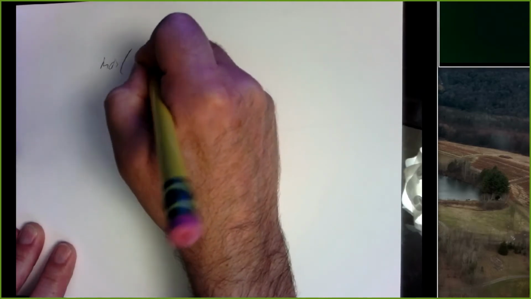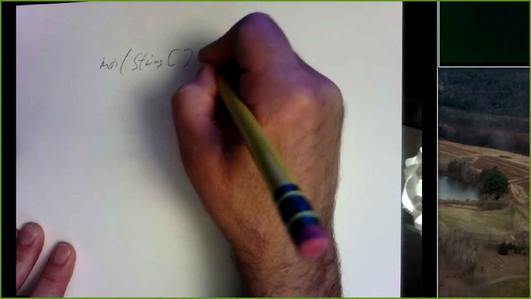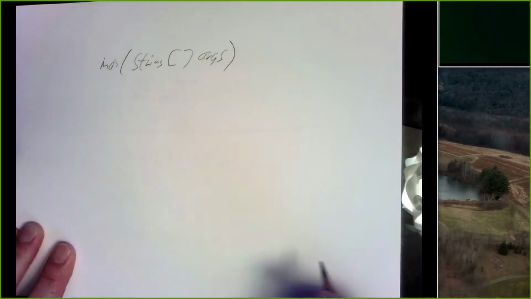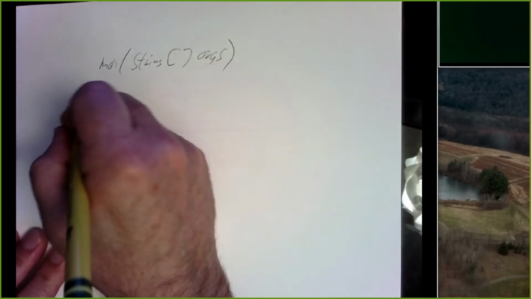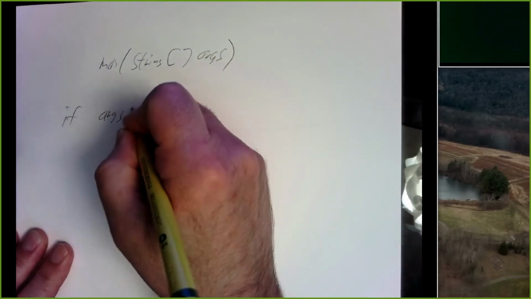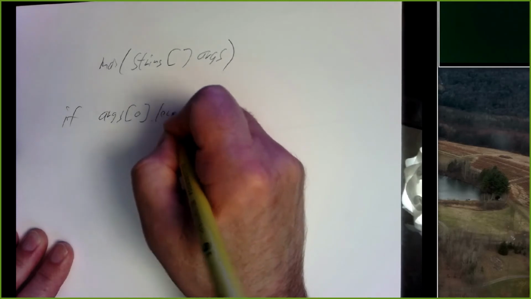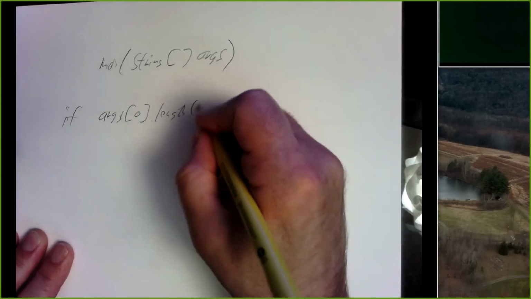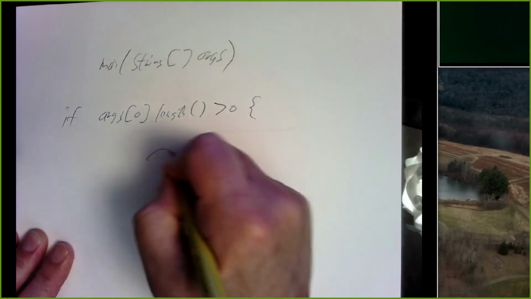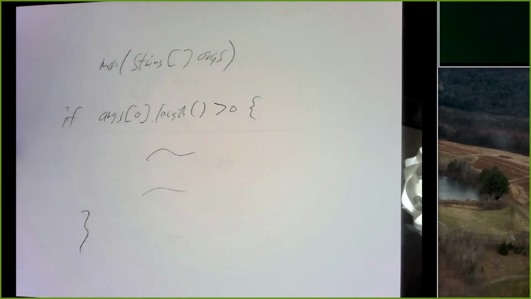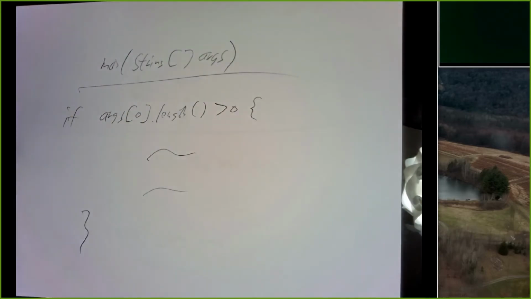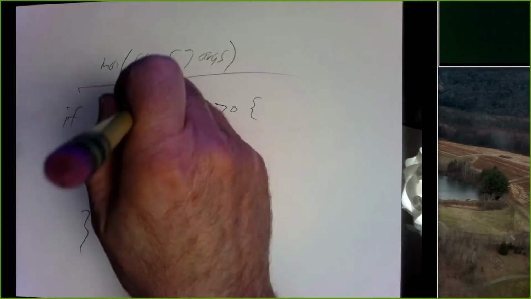So you know, suppose I've got my main method. And suppose I say if args bracket 0 dot length is bigger than 0, do some stuff, right? If there is no args bracket 0, this is going to give me an error.